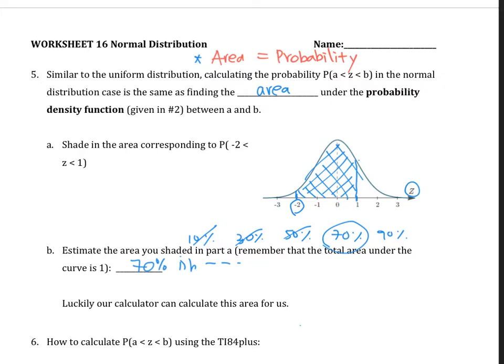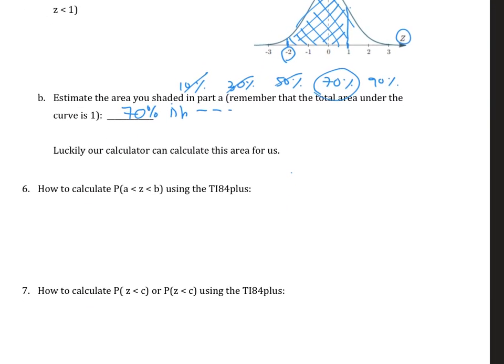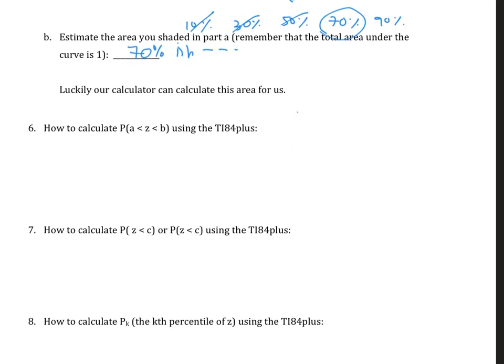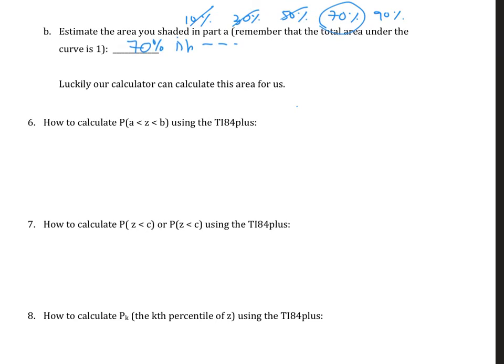So, okay, how do you now precisely calculate that? We're going to use our TI-84 calculator. There's a separate video for this too. What you're going to do is press second, then go to vars, which will give you the distribution.